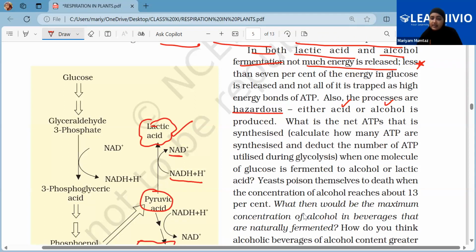Now what happens is that the yeast, after they are done doing the process of fermentation, will poison themselves, like they will die, because if the concentration of alcohol reaches 13%, then the yeast cannot survive and they die.